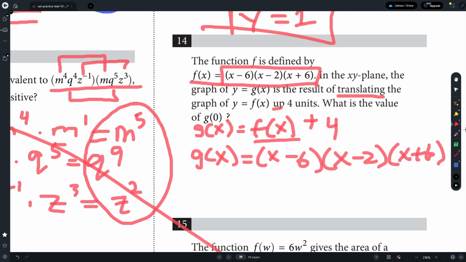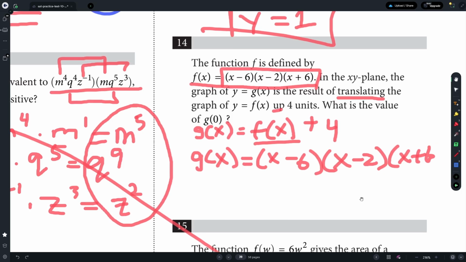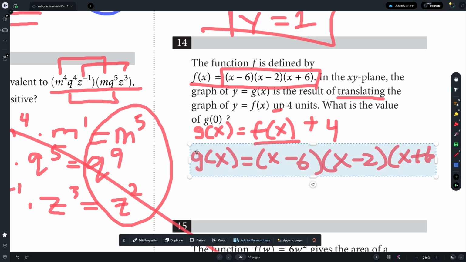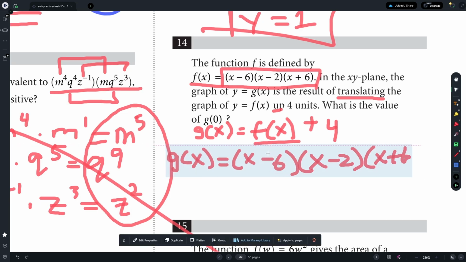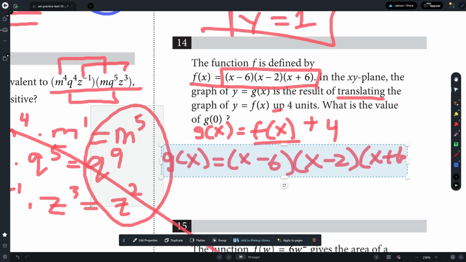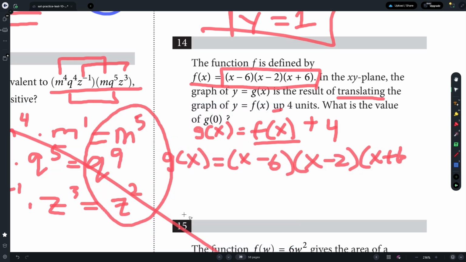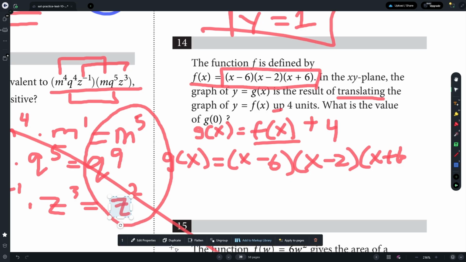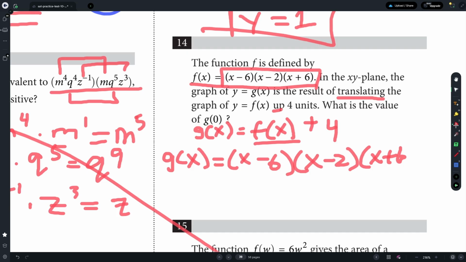And at the very end here, we would put plus 4.